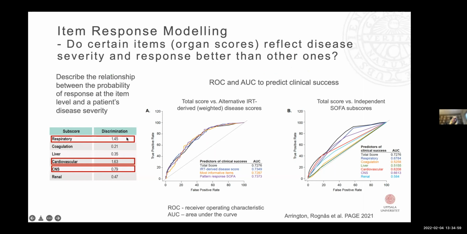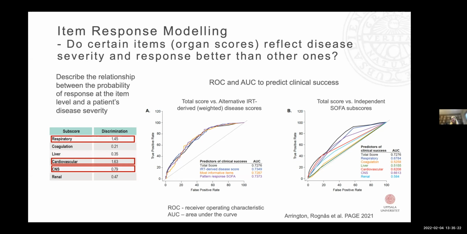And we could identify a few organs that had more information than others. But on the other hand, when we tried to use that information and optimize the score and weigh in different ways, we couldn't see that there actually was a difference or an improvement.